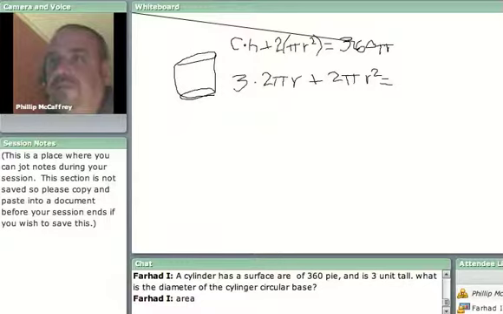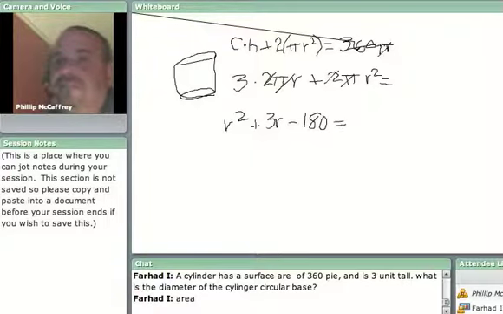I'm going to cancel out my pi's. I'm going to cancel out a 2. And I have a pretty interesting formula. I have r squared plus 3r minus 180 is equal to 0.